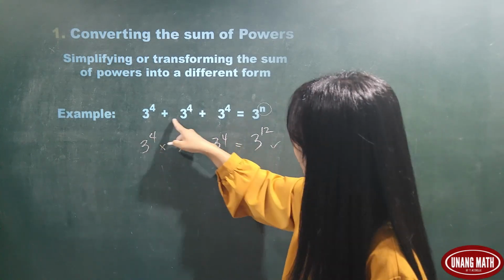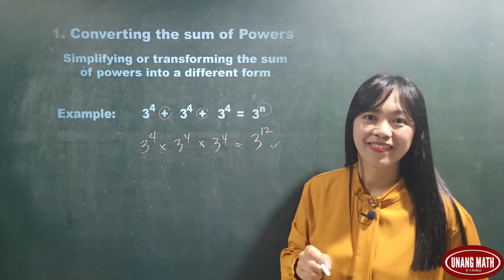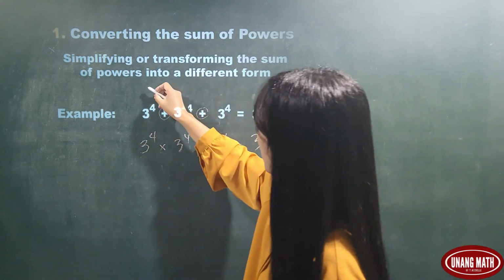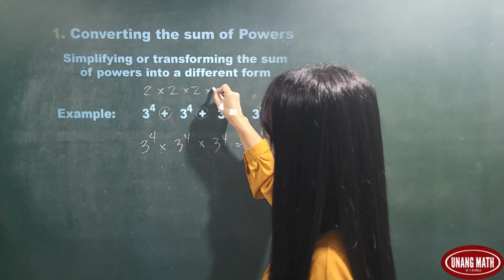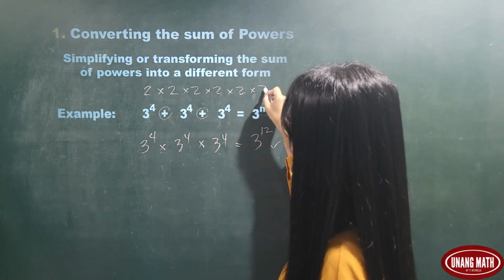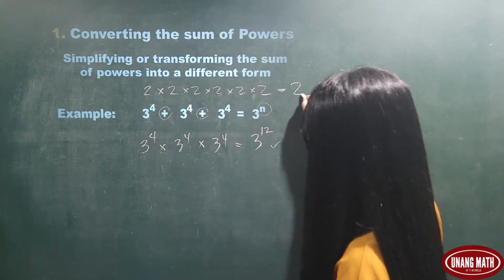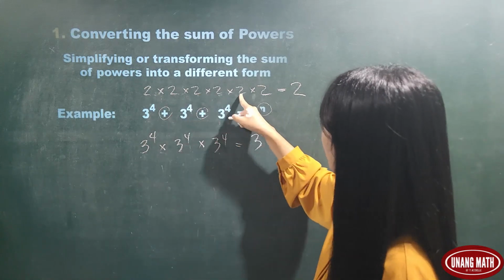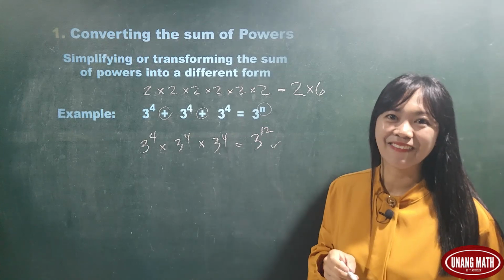But here, the operation is addition. Okay, we know that if we have 2 times 2 times 2 times 2 times 2 times 2, this is equal to 2 and then 1, 2, 3, 4, 5, 6. So 2 times 6.